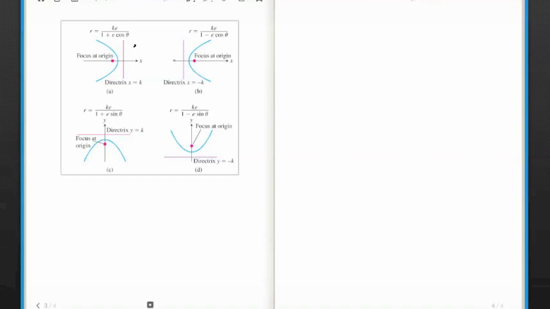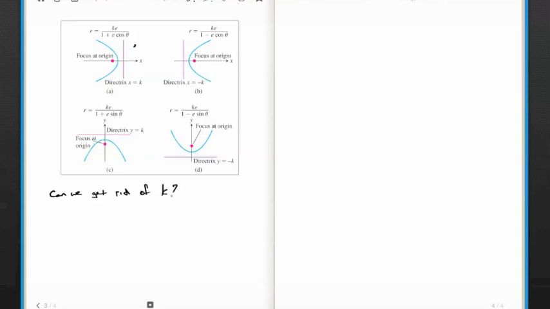If we flipped things around algebraically, that would work out to be 1 minus e cosine theta. Likewise, if we wanted to go up and down instead of side to side, as you might expect, it would be a sine theta and a minus sine theta. But nonetheless, we still have this k, and the question might be, can we get rid of k?